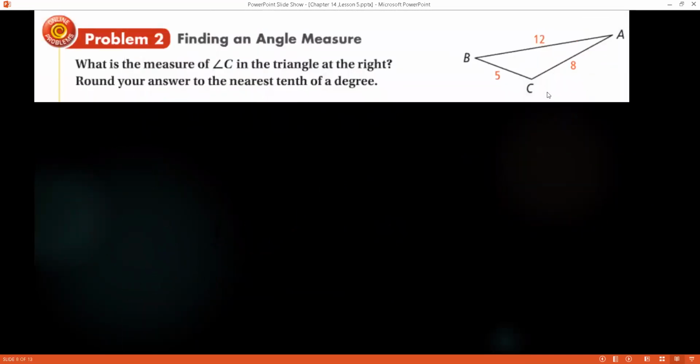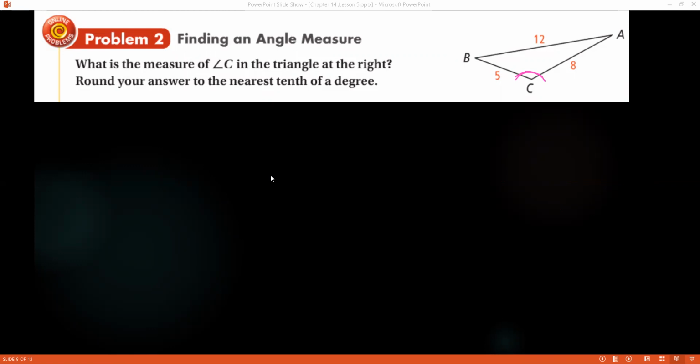Now let's go to the second case of the law of cosines, where we have three sides and I want to find any of the angles. Like here, what is the measure of the angle C in the triangle at the right? Here we have three sides and I want to find this angle. How do I know which formula I have to use?